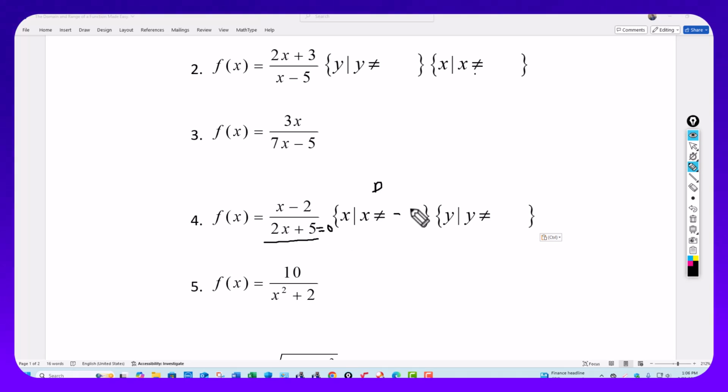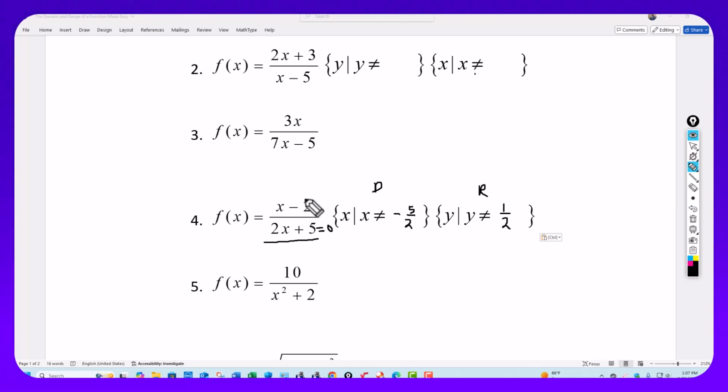The domain is all real numbers except negative 5/2. So it's a set of all x except negative 5/2. For the range, we look at the shortcut. The coefficient of x is 1 on top and 2 on the bottom, so it's all real numbers y except 1 over 2, or 1/2.